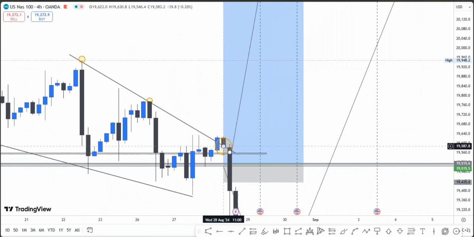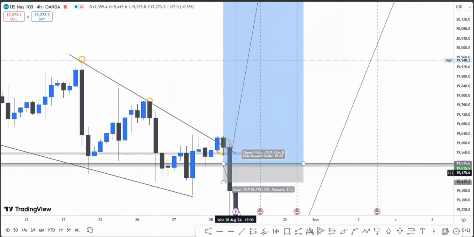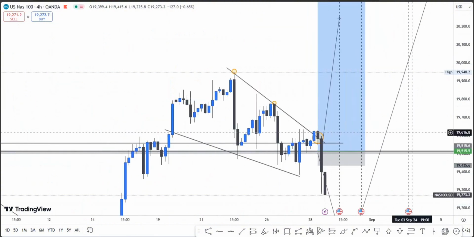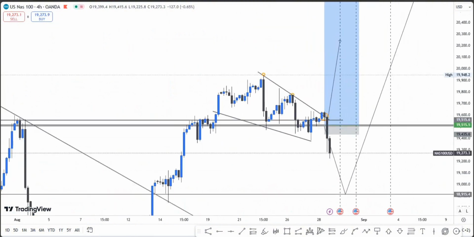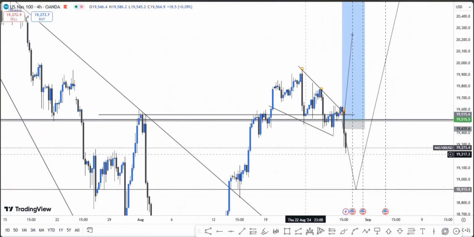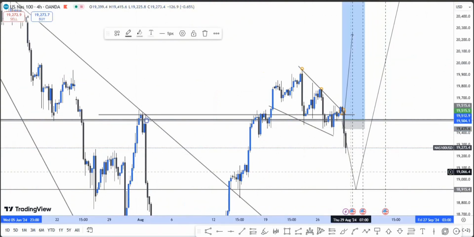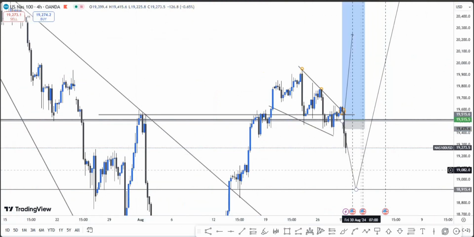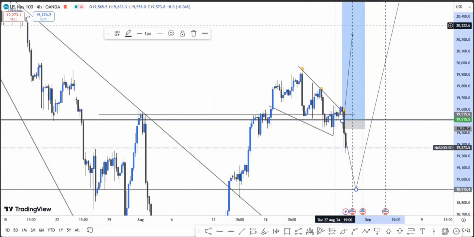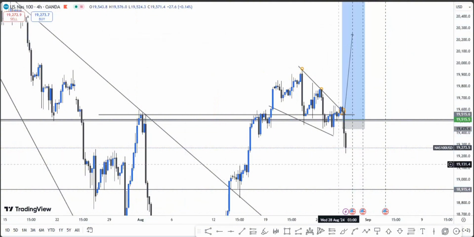Then boom, the market decided to break the certain zone, of which we understand that sales are very strong because now the market is below the certain zone. So if you want to take sales to a certain point here, we must wait for the market.